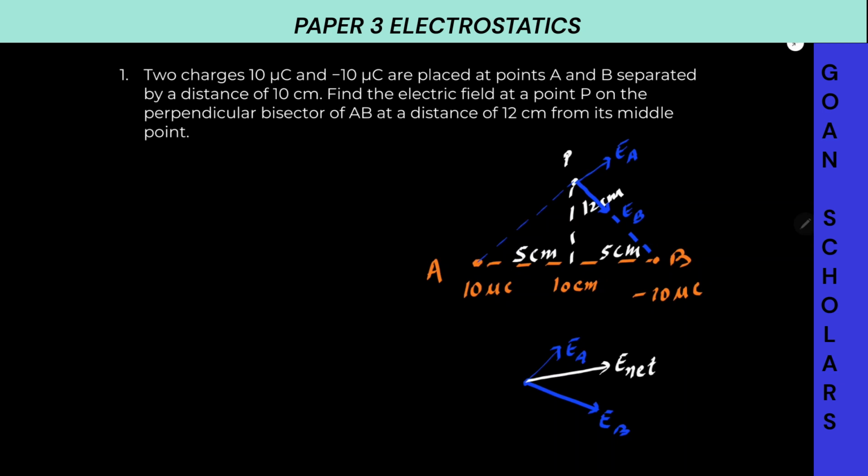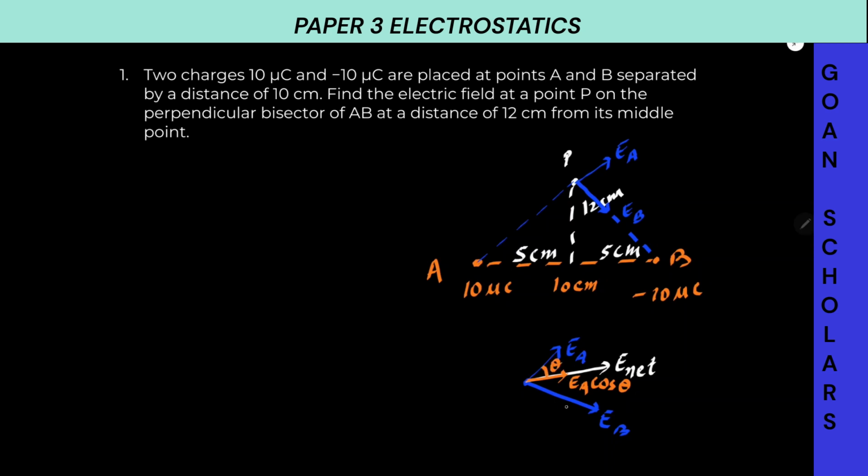Now we can figure this out by using components. So we can find the component of EA. What will be the EA component? It will be EA cos theta here, and EB cos theta, where theta will be this angle. We have to figure out this angle.